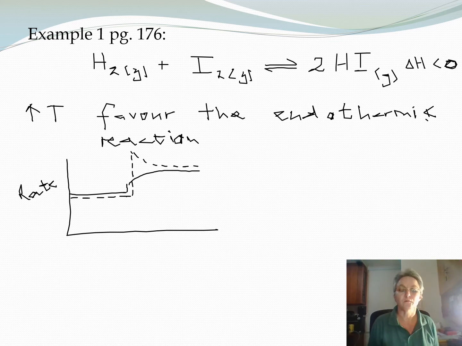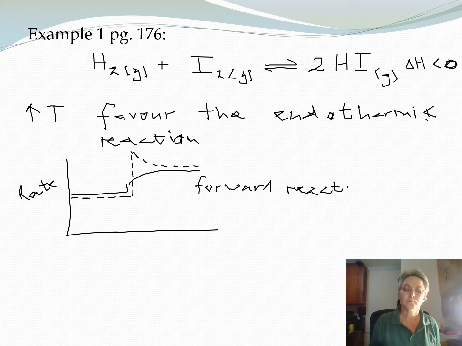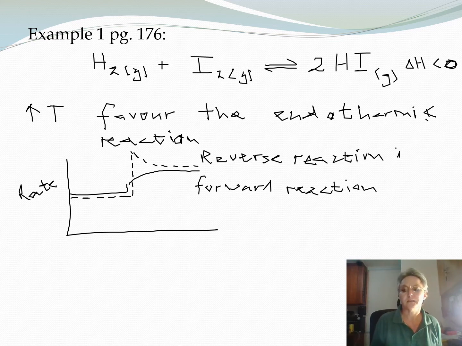So this is the forward reaction. And that's the reverse reaction. Is favored. So what will happen to the concentration of the hydrogen?